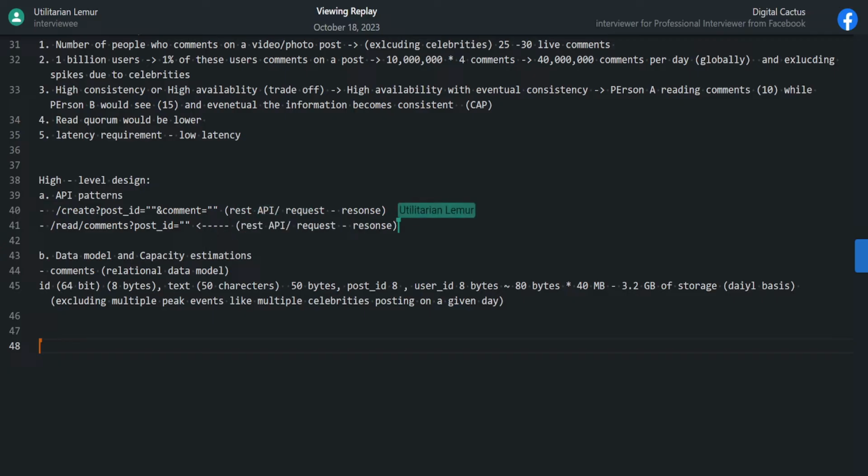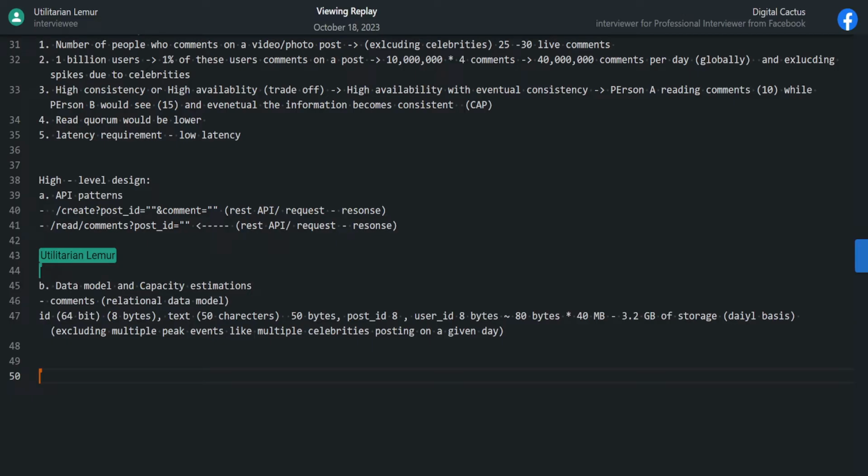You can have multiple configurations in terms of having GraphQL over here as well. But just for familiarity purposes, I'm just going with REST API right now. You can definitely have implementations in GraphQL where you define a schema, and then you have a payload that is sent, something along these lines, with a request and response over here.